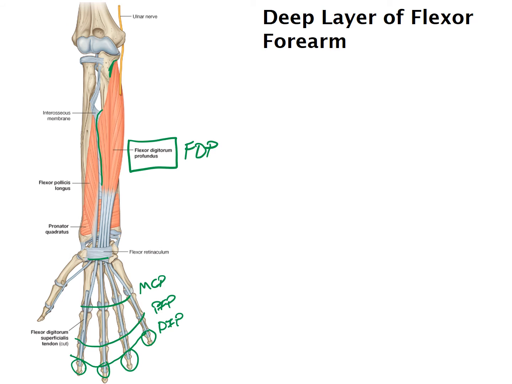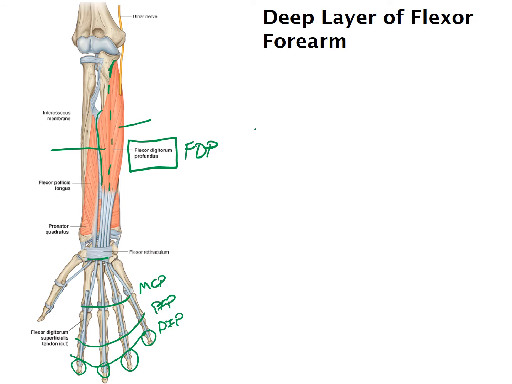What is unique about the flexor digitorum profundus muscle is that it receives dual innervation. Its radial half is innervated by the anterior interosseous nerve, which is a deep motor branch of the median nerve. I'll draw in a stippled line indicating both the radial half and the ulnar half of this muscle.